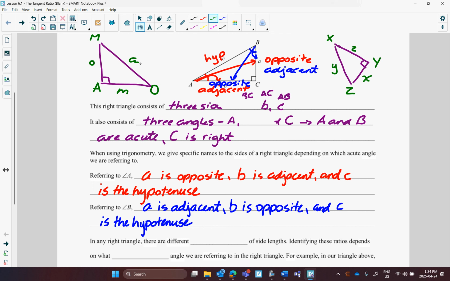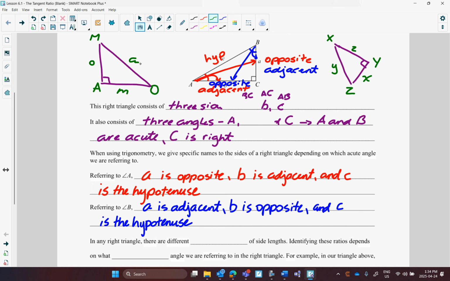Okay. What side is adjacent to angle O? Little m. Good. Because the opposite side is little o, the hypotenuse is little a, which means by default that must be little m. What side's the hypotenuse? Little a.